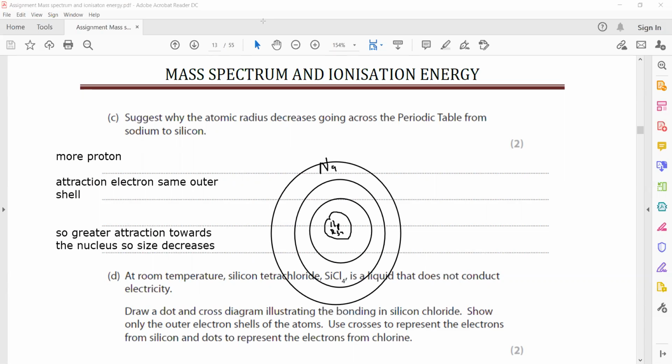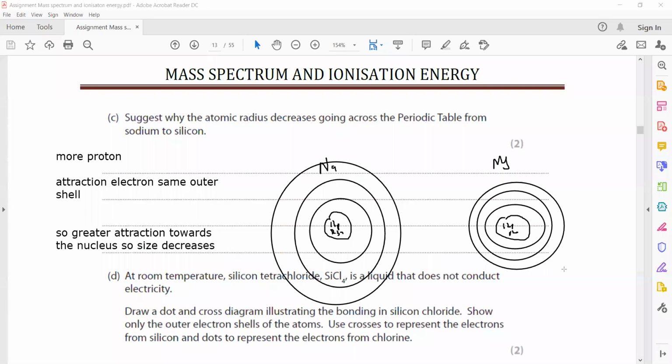But when we draw magnesium, it has 12 protons and the same electron shells, and it attracts the third shell electron. So we observe the same number of shells, but because there is a greater nuclear charge, there is more attraction towards the nucleus, so that's why the size decreases across the period.